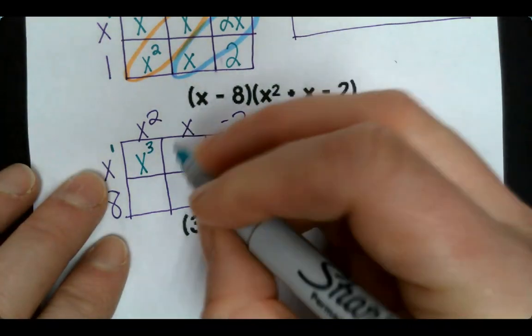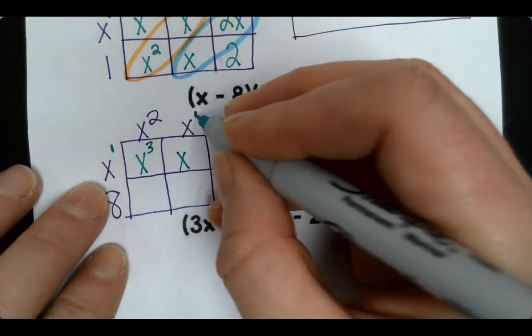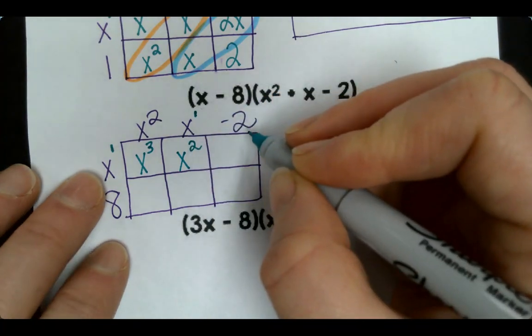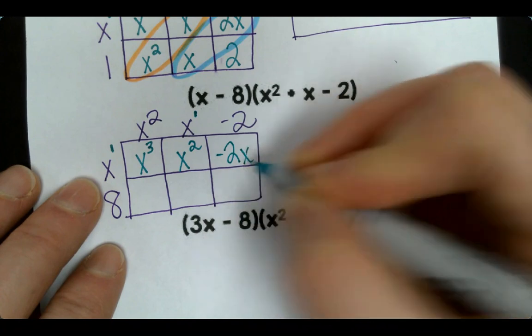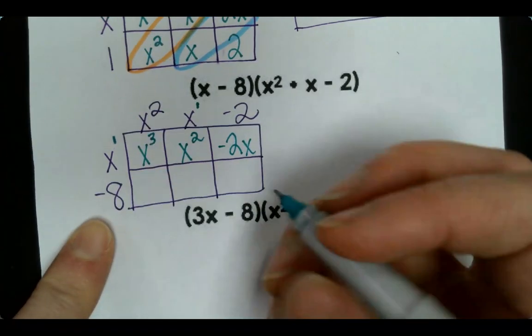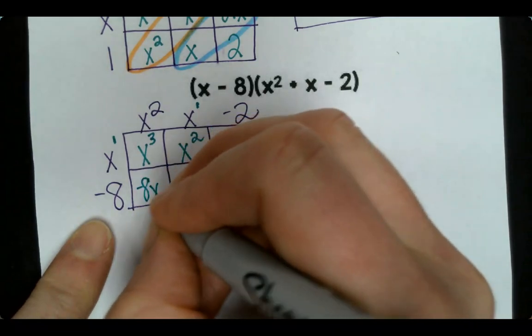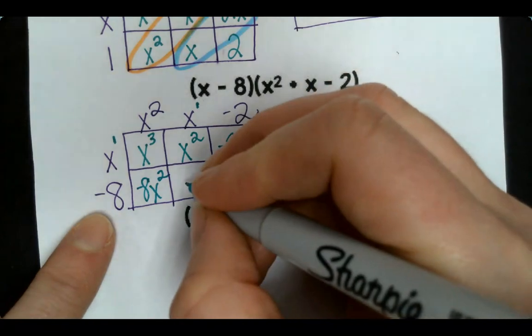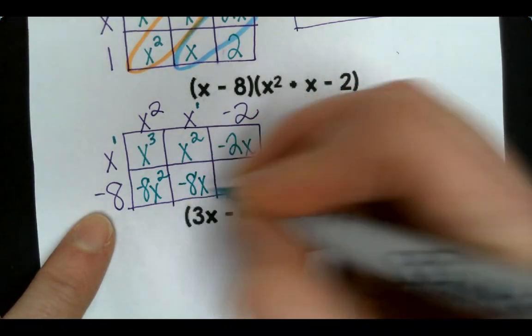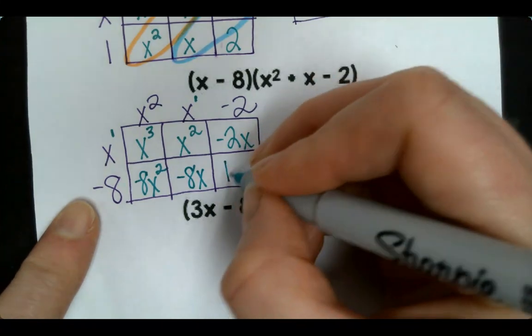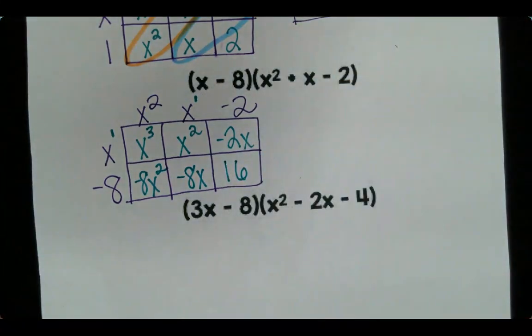X times x would be x squared. -2 times x is -2x. -8 times x squared, -8x squared, right? -8 times x, -8x. And -8 times a -2, +16, exactly.